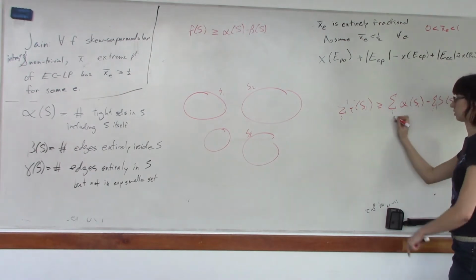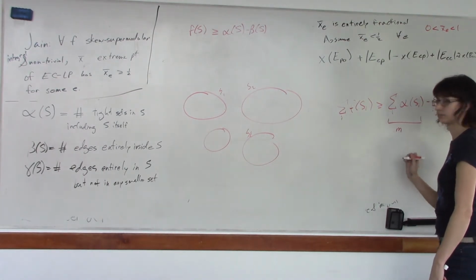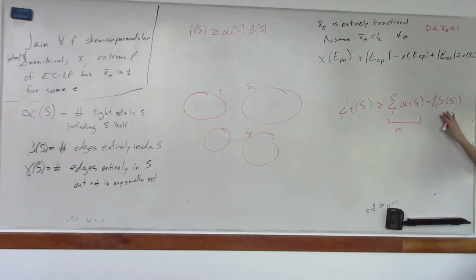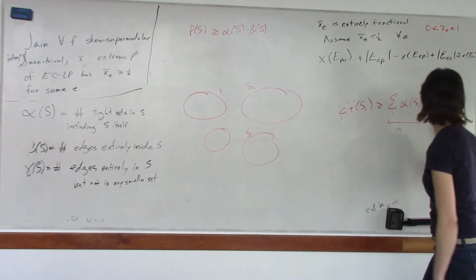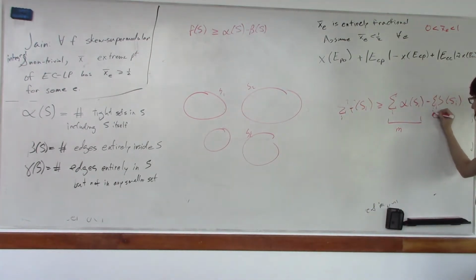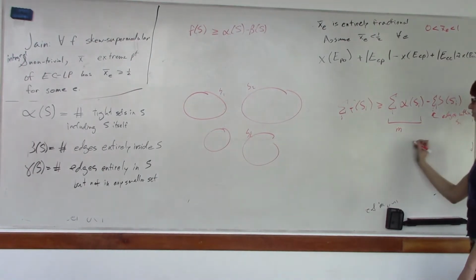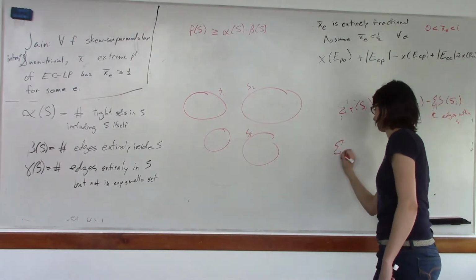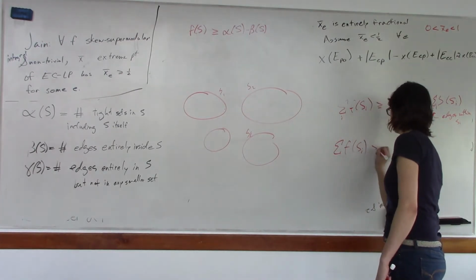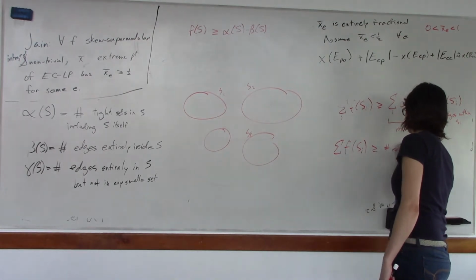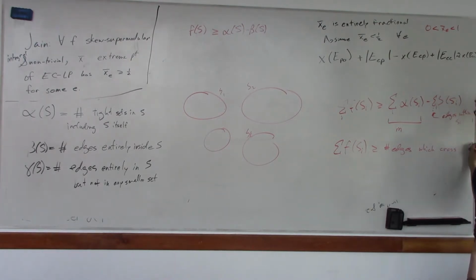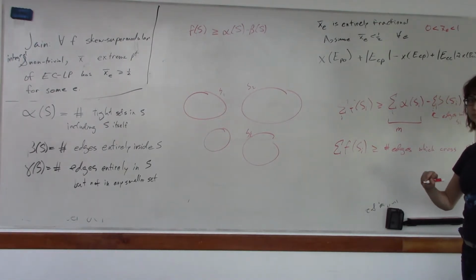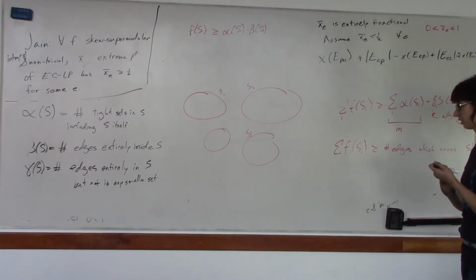So this first sum here is just m, counting every edge that's entirely within each of the Si. So this expression is saying the sum of the f of Si is at least the number of edges which cross the Si.